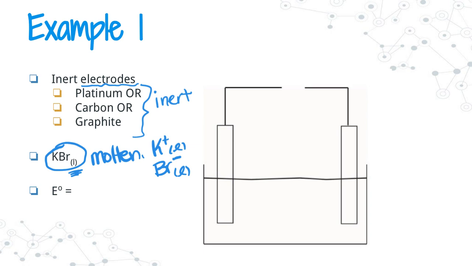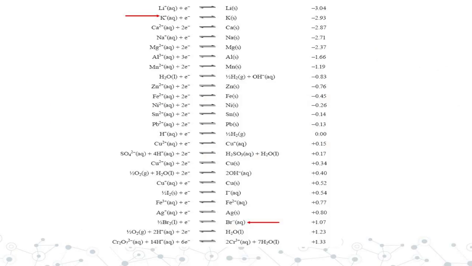So if we take a look at our chart of redox potentials, and we locate both of these on the chart, potassium ions are way up at the top here, and bromide ions are way down at the bottom here. So you can see the difference. This is a non-spontaneous reaction. If we were to calculate the E naught from our values, it would give us a negative value as well.